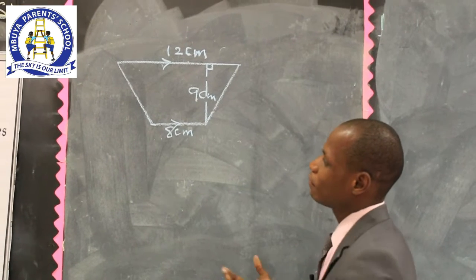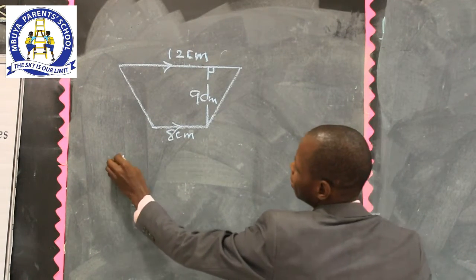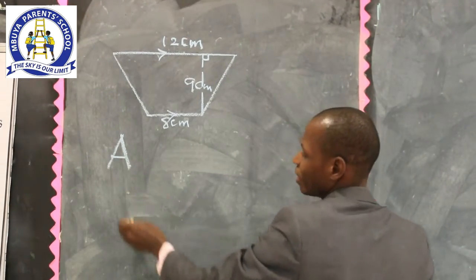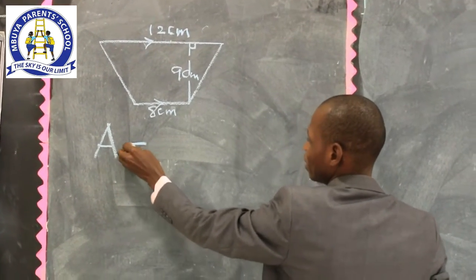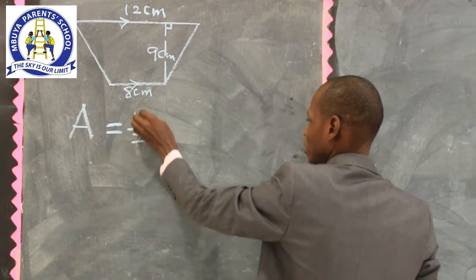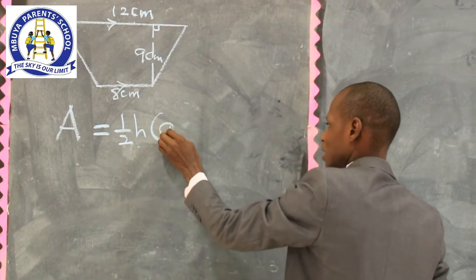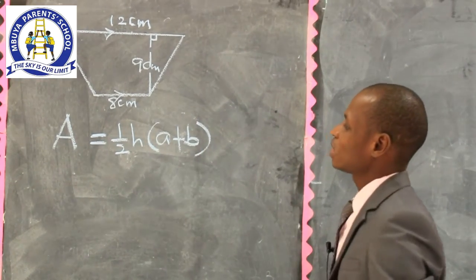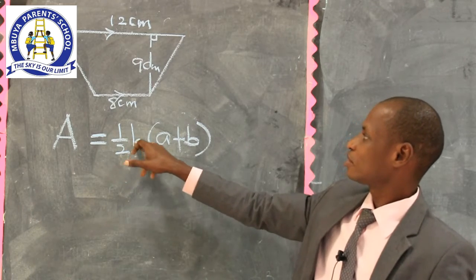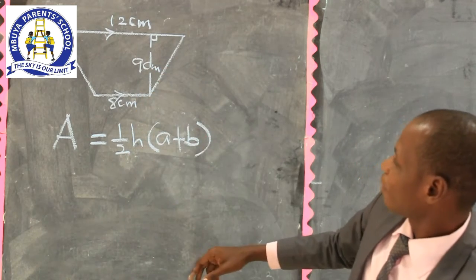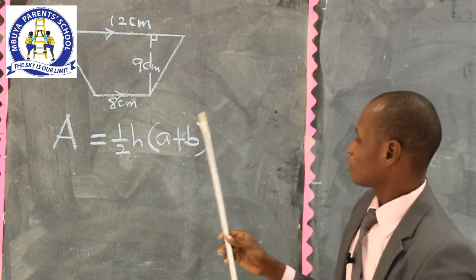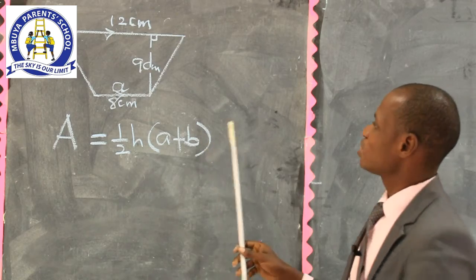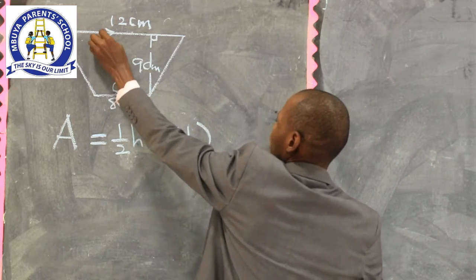The formula for finding area of a trapezium is simply given as A, standing for area, which is given as a half H into A plus B. The H is the height, then the A will be this short line, then the B is this long line.